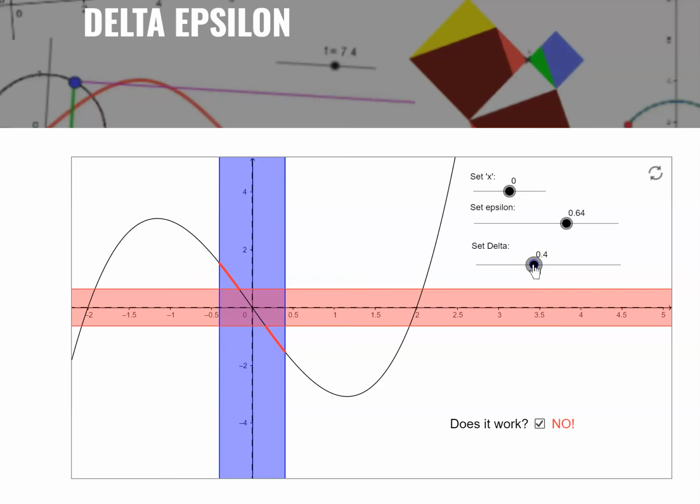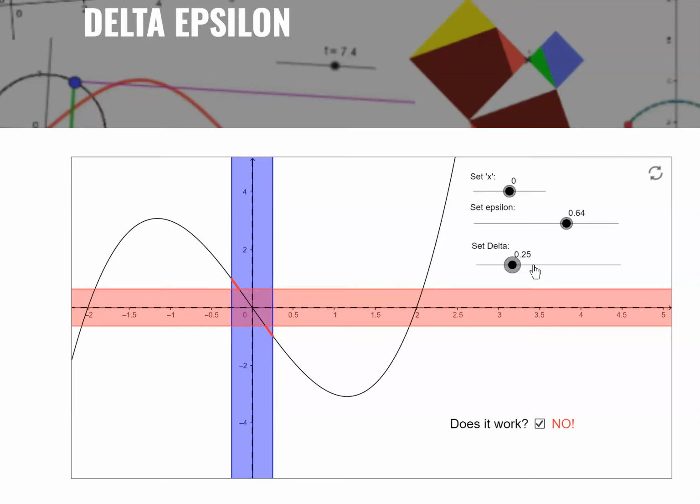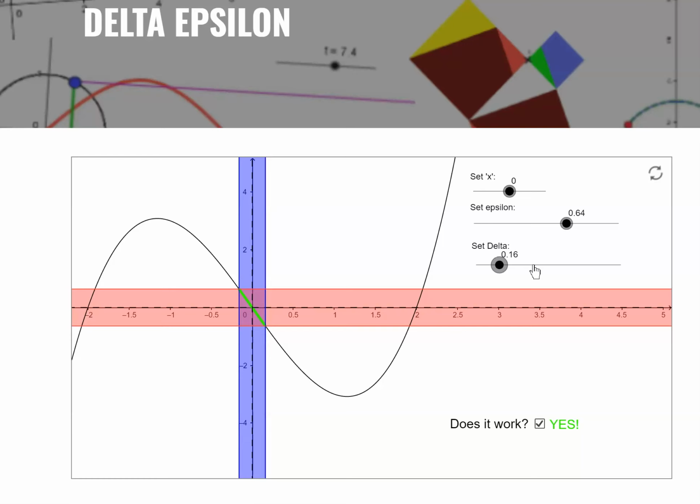Continuing to move my delta smaller and smaller, we see that shrink, and continuing to do so, you'll notice that suddenly we have the segment of the curve highlighted in green, meaning that we have found an interval that produces y values within that range.